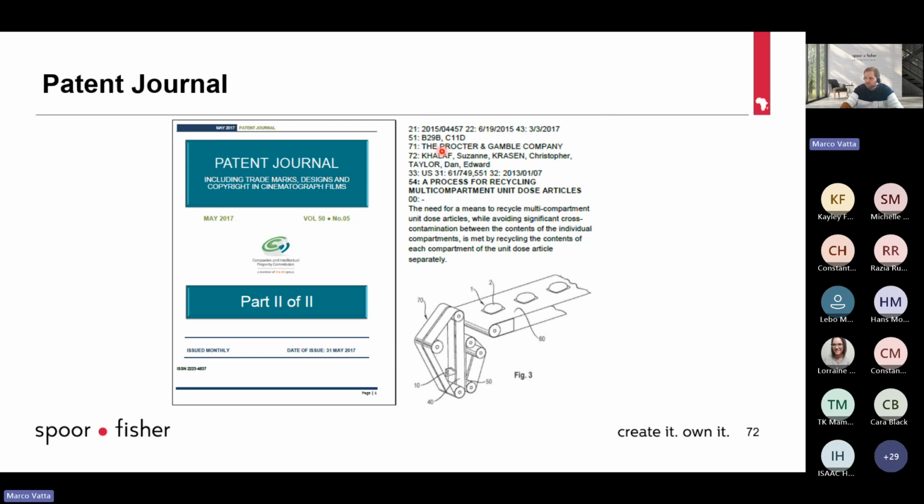We've got priority application details, the filing dates, the classification. So what technology does this invention relate to in terms of the International Patent Classification codes, who the patentee is, Procter & Gamble, the inventors, priority details, title, abstract, and abstract drawing.